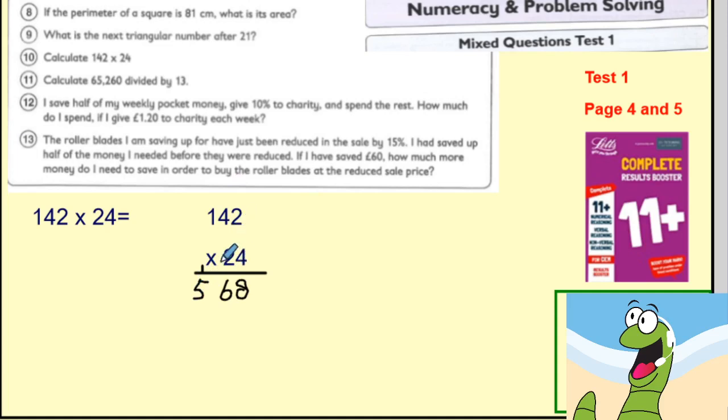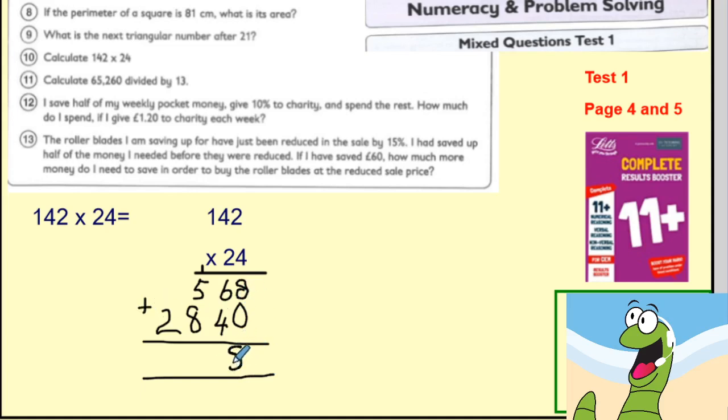568. So now we've got to put our 0 there. 2 times 2 is 4. 2 4s are 8, and 2 times 1 is 2. So now our next move is to add these two up. 8 plus 0, so we're now going to add these two.